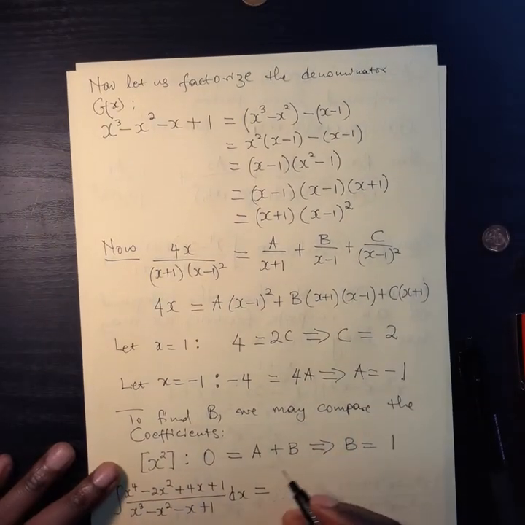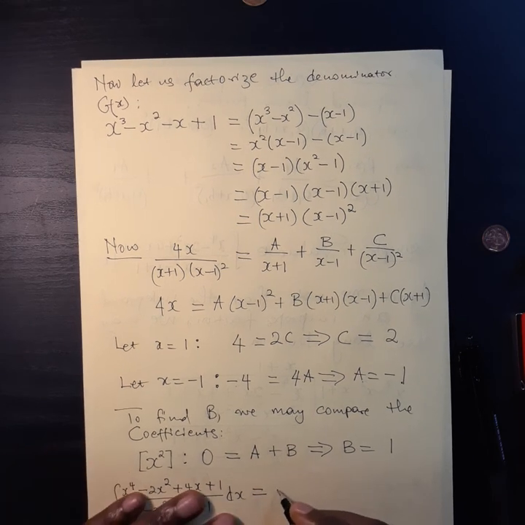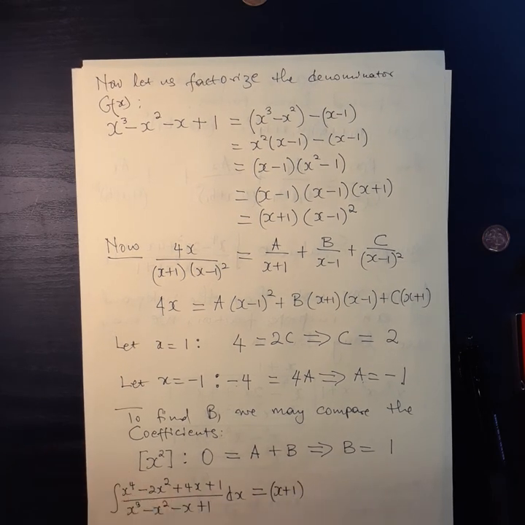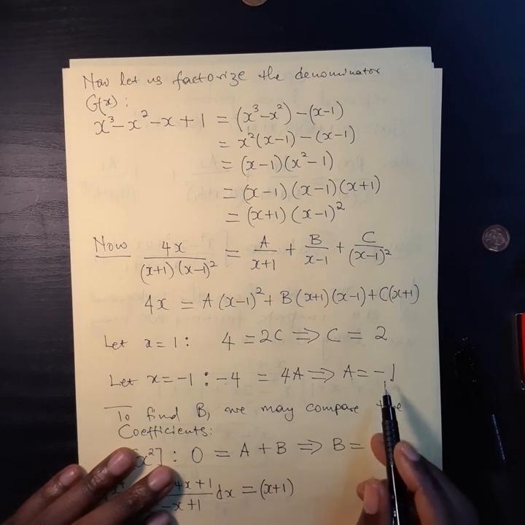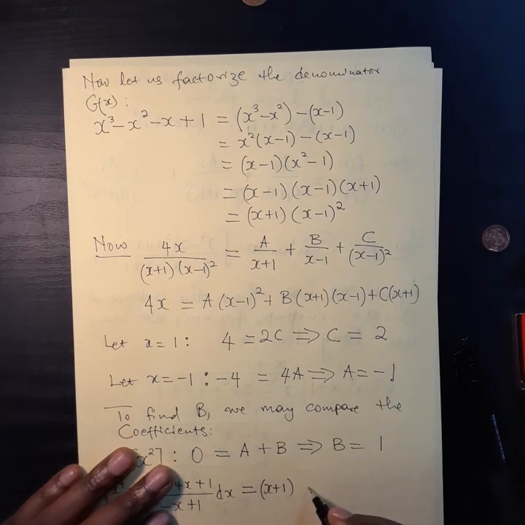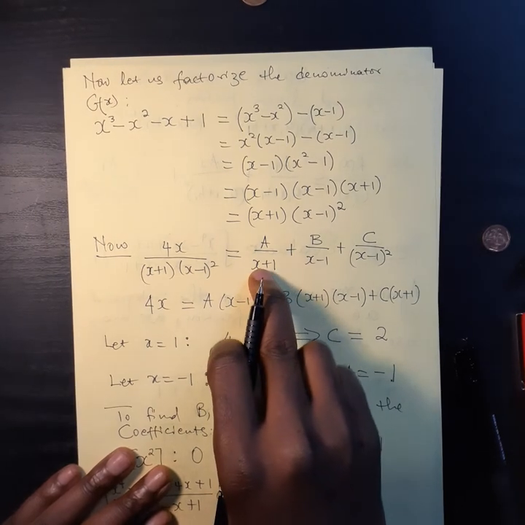So we have our x plus 1, which was our quotient, and then our a is minus 1, so we will have minus 1 over x plus 1 there.